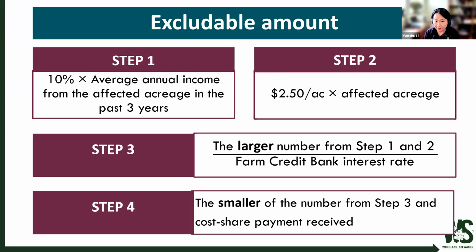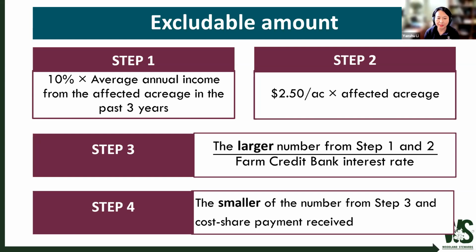And the code doesn't specify what the applicable interest rate is. You have to justify the applicable interest rate to you. And each year the IRS releases the Farm Credit Bank interest rate.